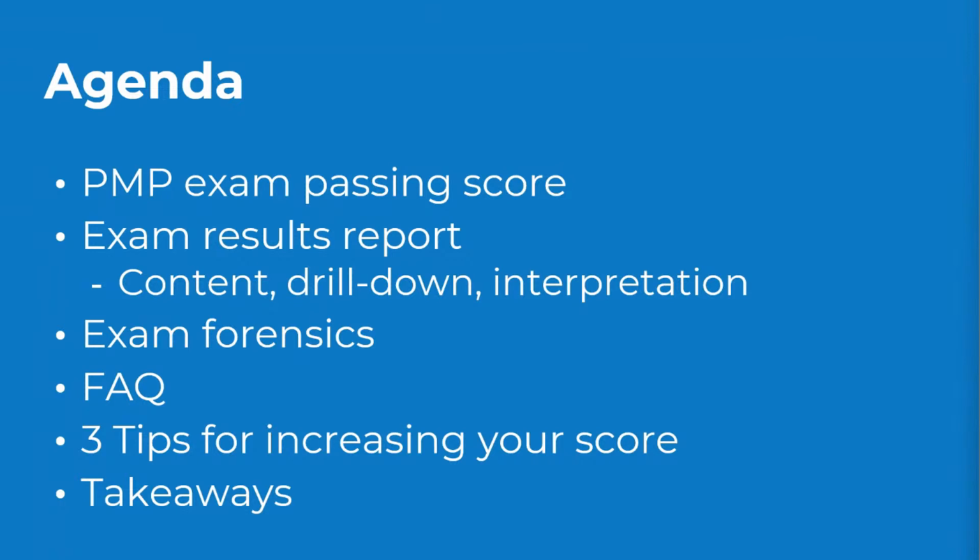There are also exam forensics that we have to discuss because that occasionally leads people to scratch their heads a little bit. Then I have an FAQ, lots of questions from people that I've gathered about the exam report. And then I'm going to give you 3 tips for increasing your PMP exam score, and we'll have some takeaways there at the end.